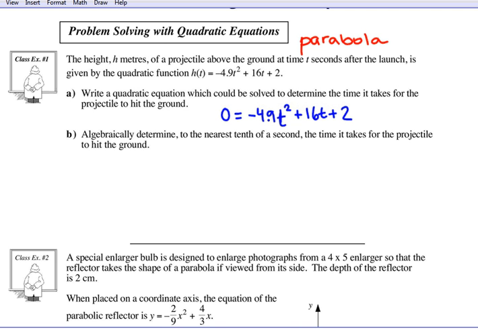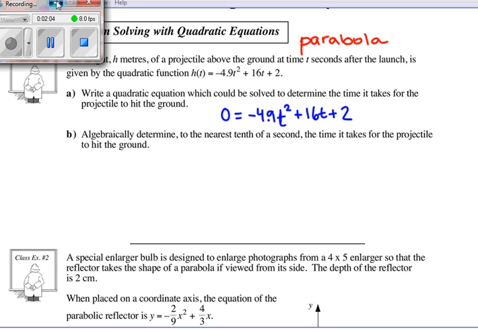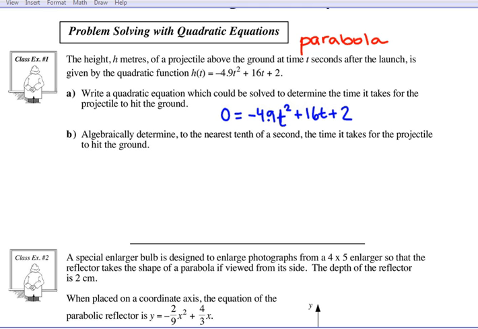Okay, so algebraically, using the quadratic formula, what's your A value? Negative 4.9. A, B, C. Okay.